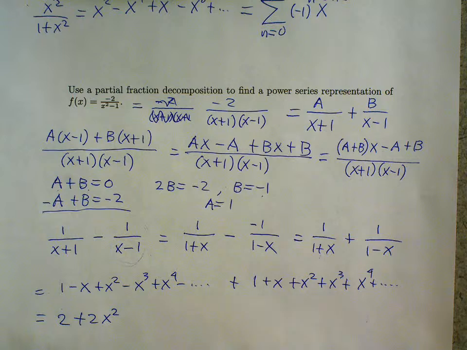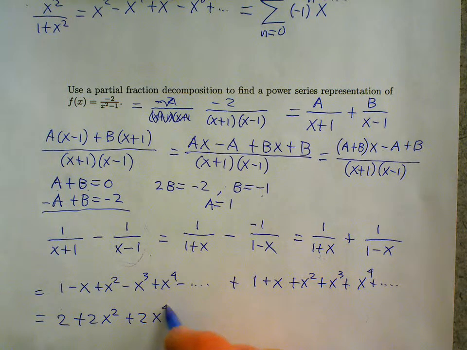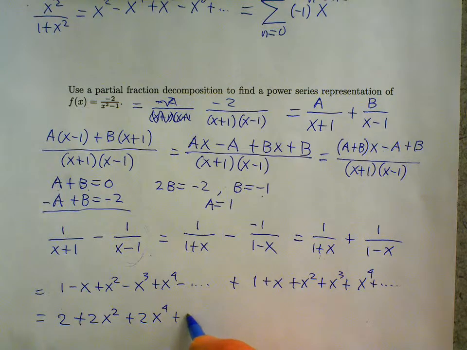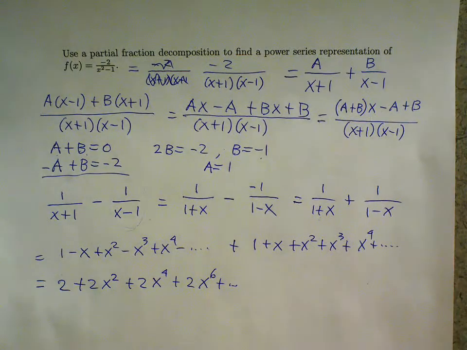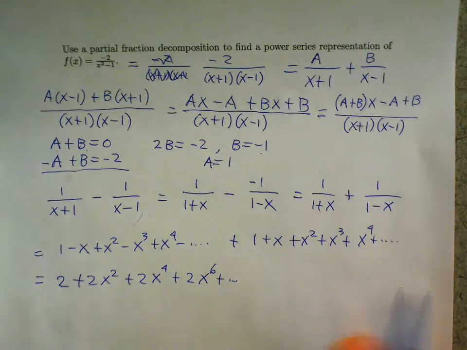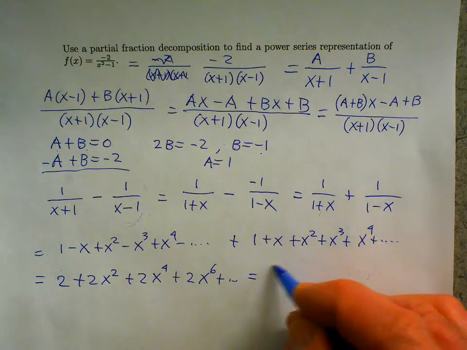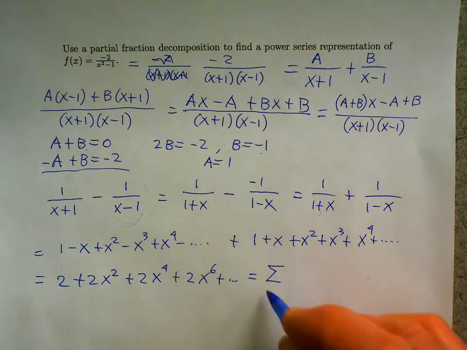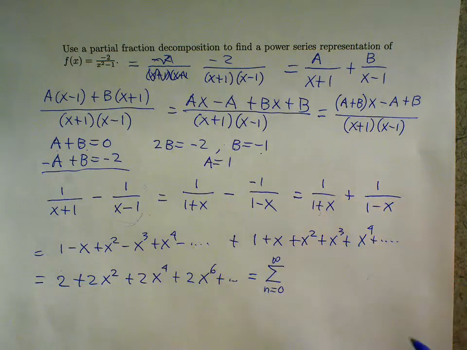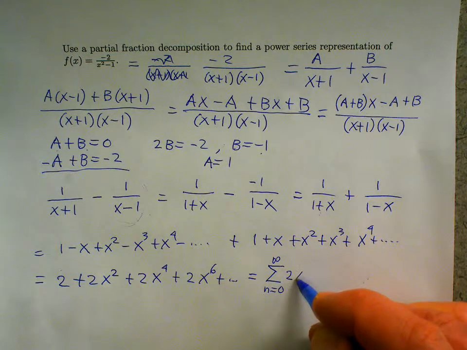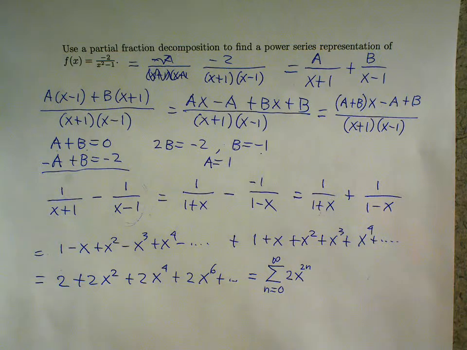And you see the pattern. The next term is plus 2x to the fourth, and then plus 2x to the sixth, and so on. So in sigma notation, we have 2 times x to the 2n as n ranges from 0 to infinity.